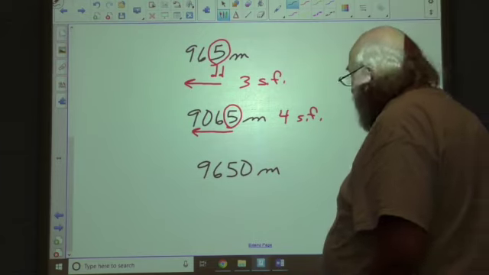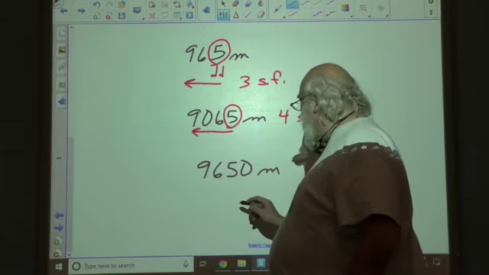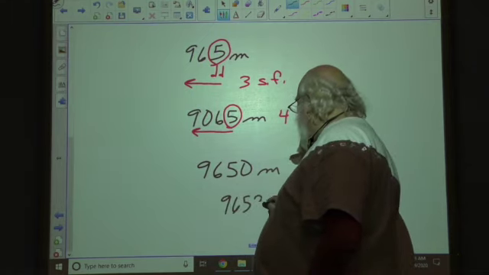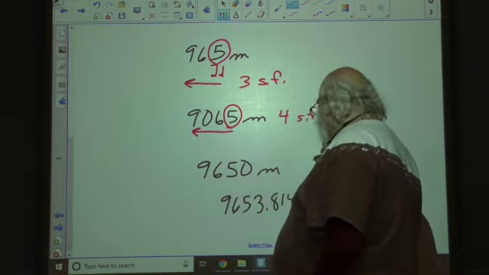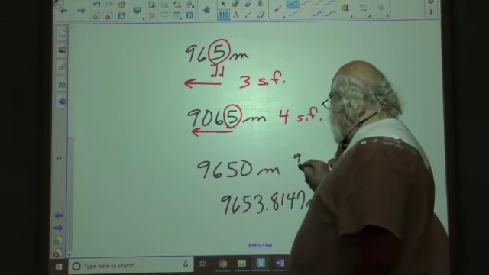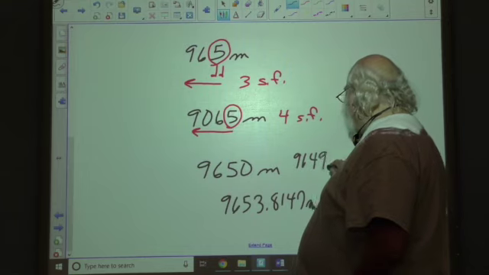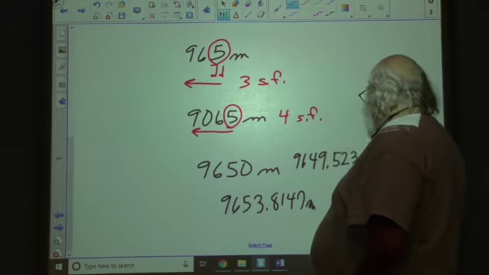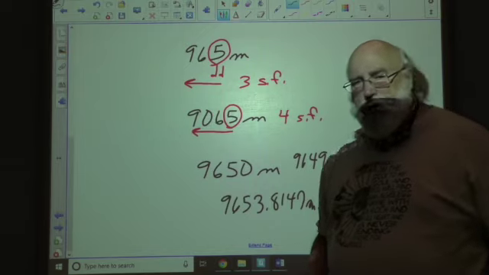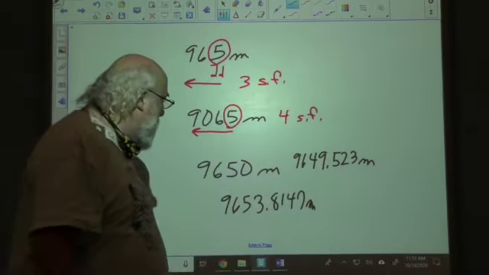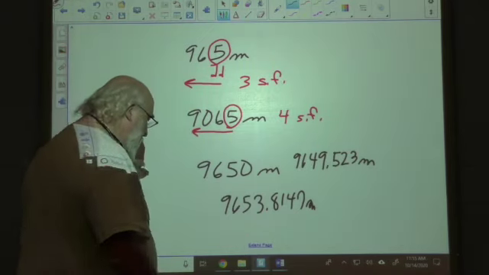Because we don't know if this has actually been rounded off from a number like 9,653.8147 meters or 9,649.523 meters. We don't know. We have to be told that. If we're not told that, then we have to assume that this has been rounded off to the nearest 10.